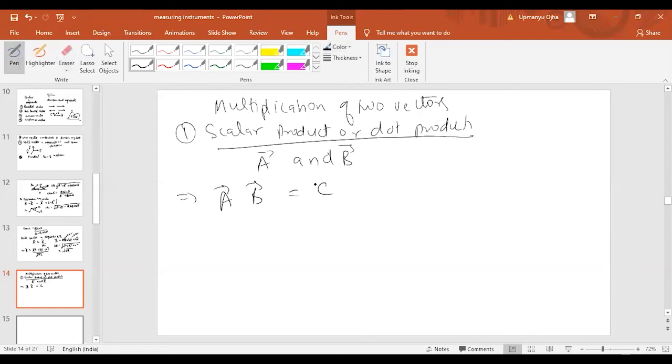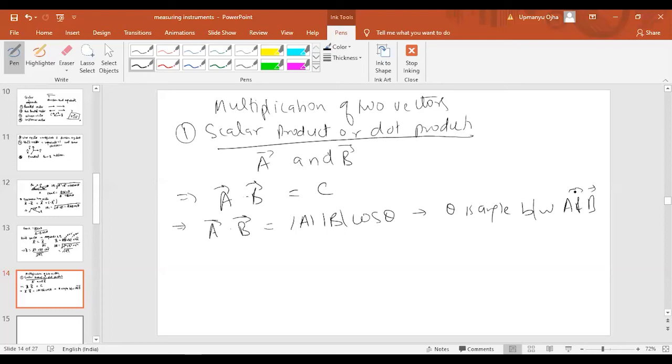So c is the resultant when the two vectors are dot product, that is a dot b equal to c, which is a scalar quantity. Now, how to find the value of a dot b? The a vector dot b vector is given by mod of a mod of b cos theta, where theta is the angle between a and b vectors.